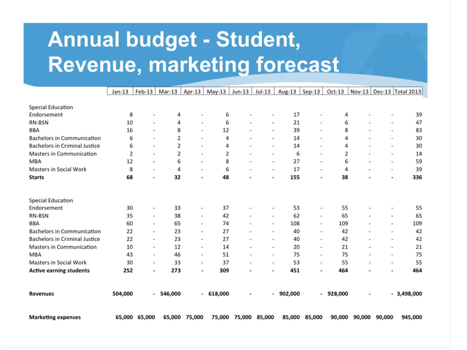You first want to be projecting the number of starts, and this is actually by program as well. You can see special ed and bachelor's of criminal justice and so on. You want to be projecting those students by start. You can use historical data or seasonality data. You might not have 6 starts, you might have 5. But I think this is really important to help you think through how this all plays out.